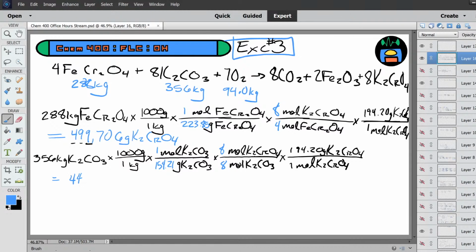It's 448,318 grams potassium chromate. So far, that's lower than the first number, so we know the first number isn't the theoretical yield. Let's do our third and final.